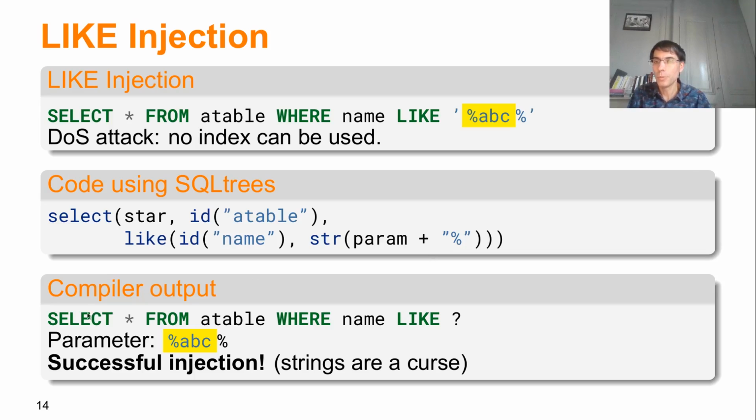And the compiler output will be a parameterized statement: select star from a table where name like question mark, where the parameter is %abc%. So actually the injection succeeds. And once again, we can see that concatenating strings is not a very good idea, it is the wrong idea.